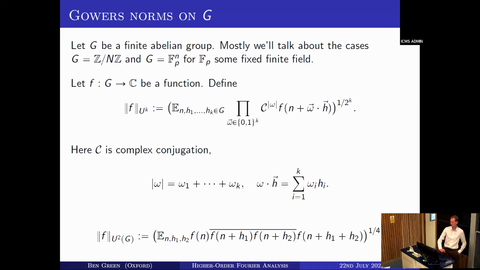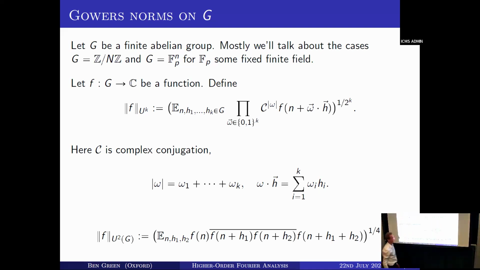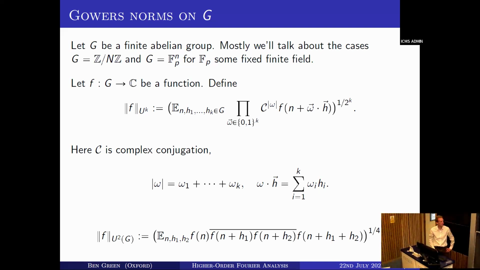I think the easiest way to understand this is just to look at the formula for the U2 norm on the bottom. You can see it's an average of products of f with some complex conjugates over parallelograms, which are two-dimensional parallelepipeds.